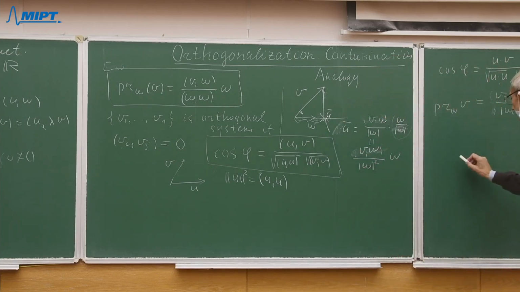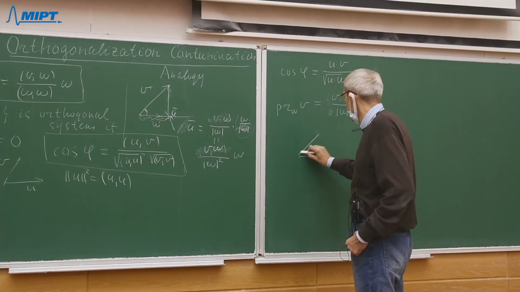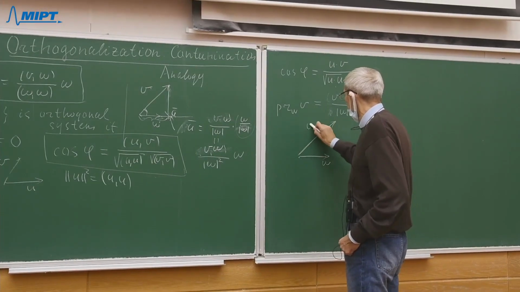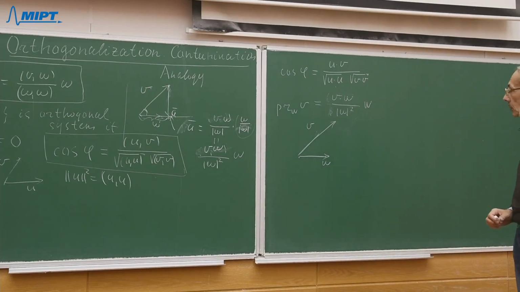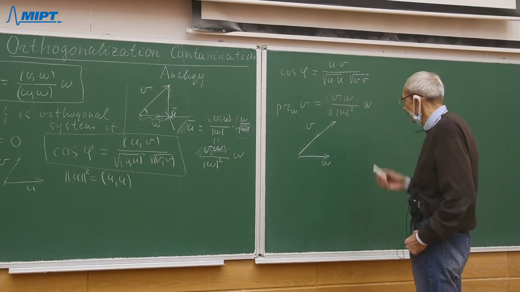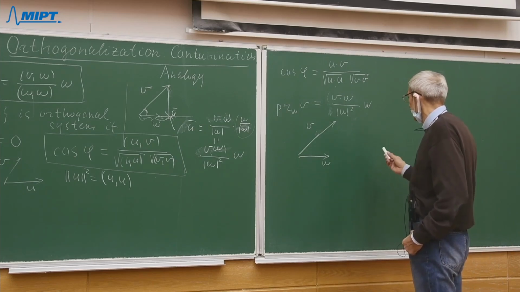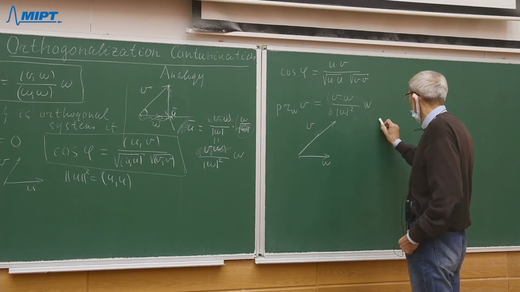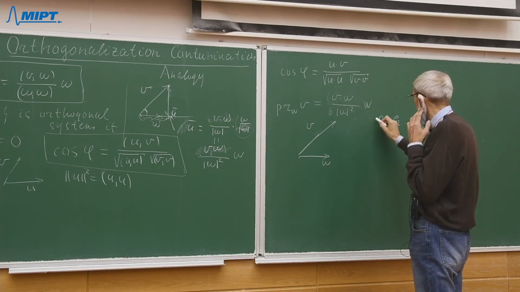Suppose we have two arbitrary vectors w and v. And my claim is to obtain two orthogonal vectors, e1, e2, an orthogonal system.